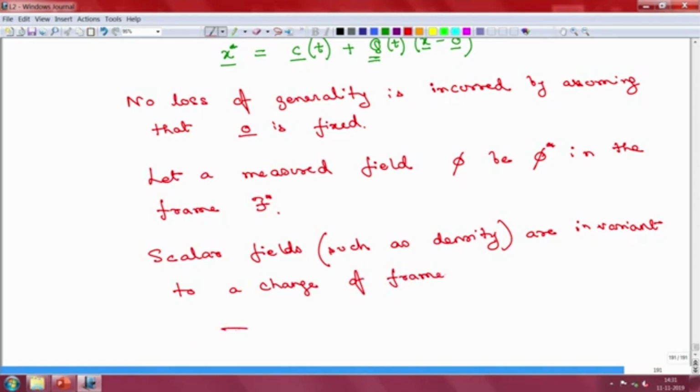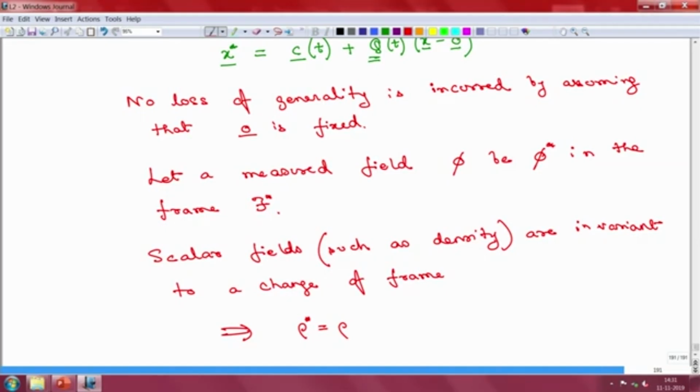Which implies that in the rotated or translated frame, if you measure in the F star frame, you are measuring a density which is phi star, that should be the same as the density that you are measuring in another, equivalent frame.